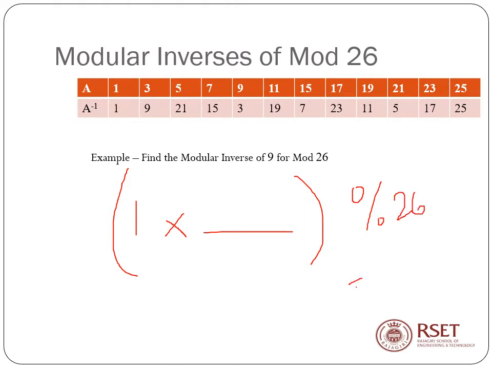It should give me the answer 1, which is the multiplicative identity. What is the answer? 1. Similarly, I want to find the multiplicative inverse of 2 mod 26.